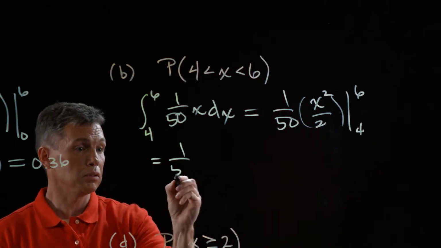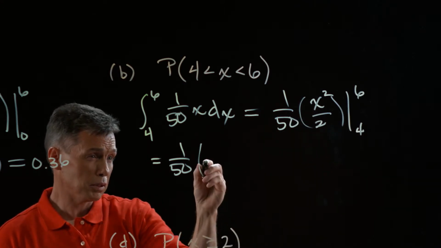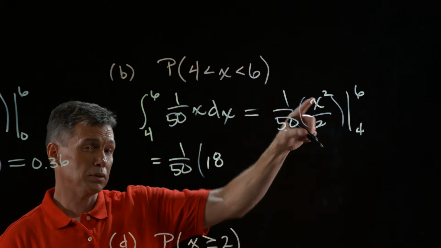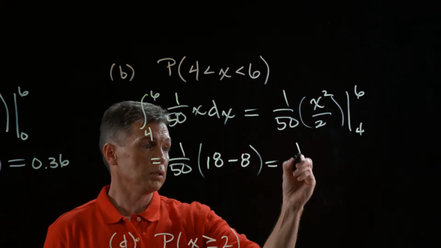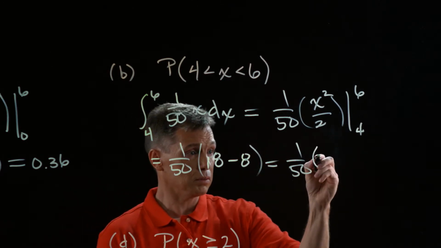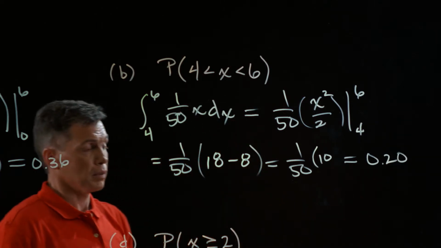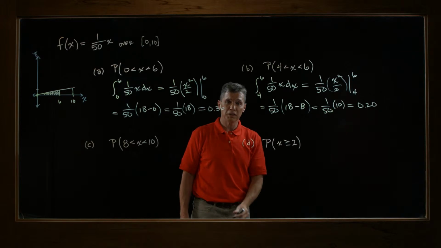So we have 1/50th. 6 squared is 36 divided by 2, 18. 4 squared is 16 divided by 2, 8. So we get 1/50th times 18 minus 8, which is 10. That's 0.20 as a decimal.